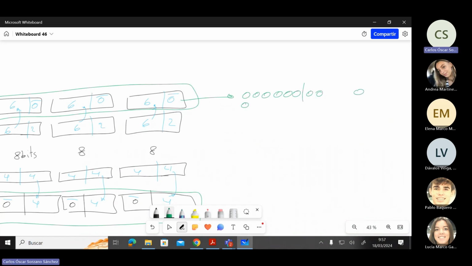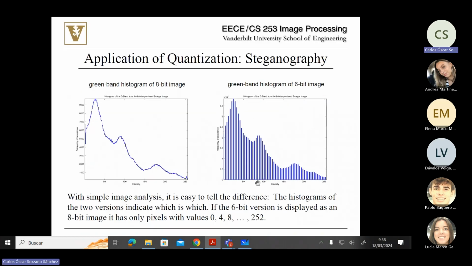The next one that I can represent is value 4. The next one is 1, 0, and this is value 8. So I cannot represent the values 1, 2, and 3. That is why we have these gaps in the values. Okay, this we understand. Very good.